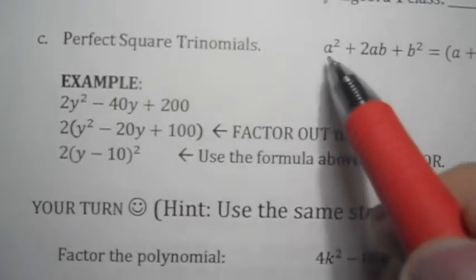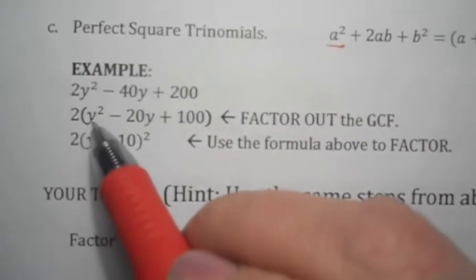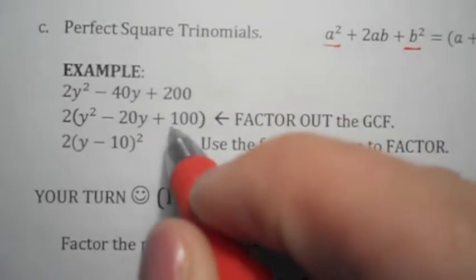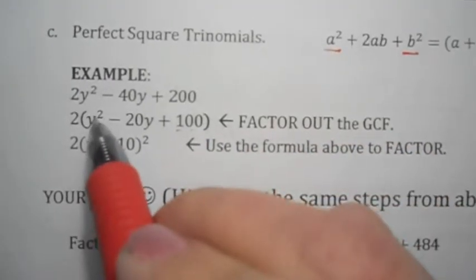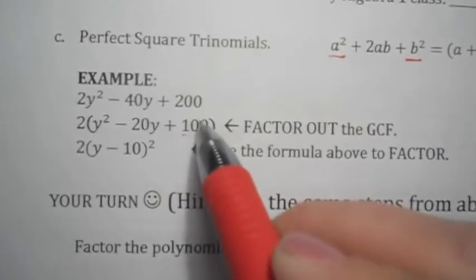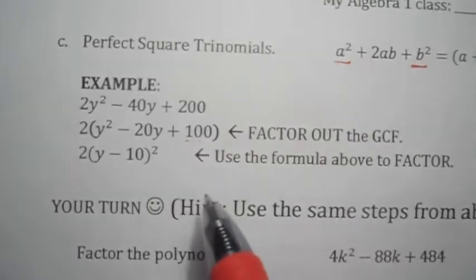So now we check. Is the beginning something squared? Yeah, that's y squared. Is the last term something squared? Yeah, that's 10 squared. So now if the a value times the b value can be doubled to get the middle term, then we know it's a perfect square trinomial.